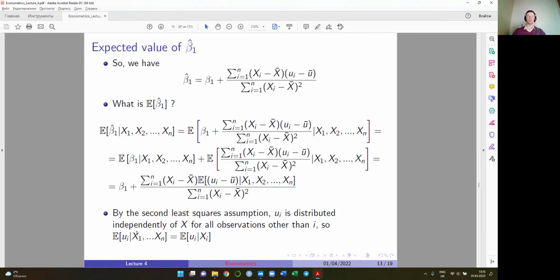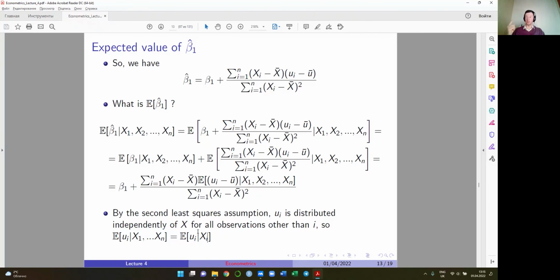First of all, ui does not depend on x's except for xi. So this conditional expectation equals simply the conditional expectation of ui given xi, not x1, x2, and so on. And then, given assumption number 1, this conditional expectation is 0.